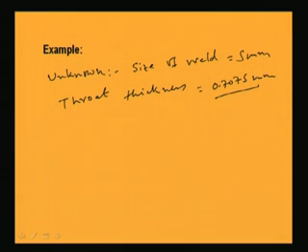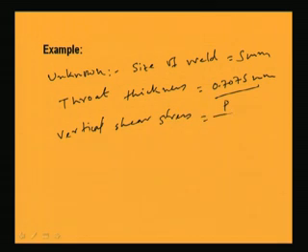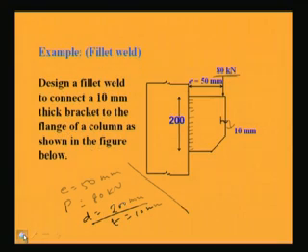So, vertical shear stress means this will become P by 2 into D into T, right. So, P is given as 80 kilonewton by 2 into D, which is given as 200, because D is given as 200. Okay.